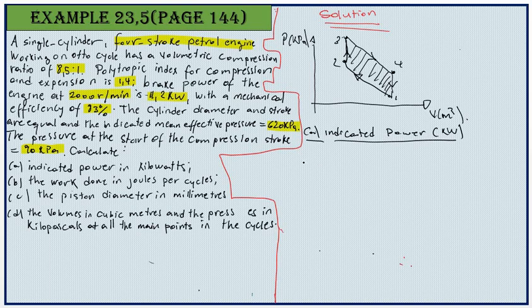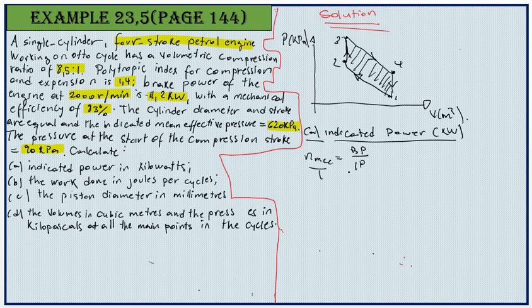So we know that the mechanical efficiency is given by the brake power divided by indicated power. Indicated power is symbolized by IP. So we can get IP.